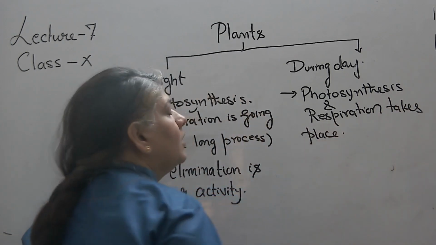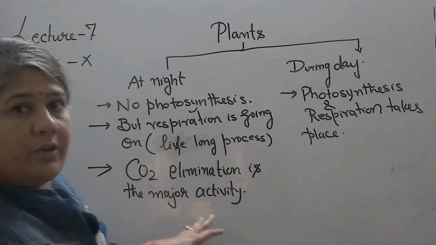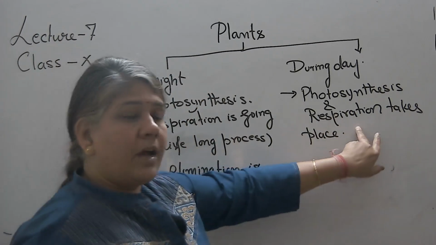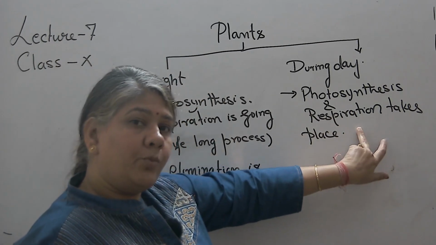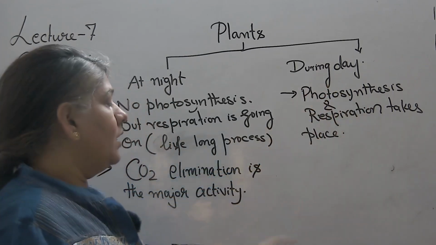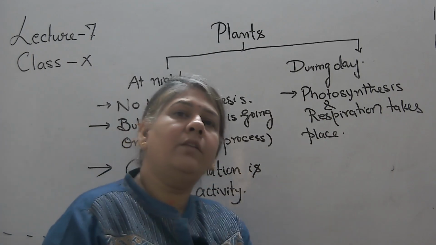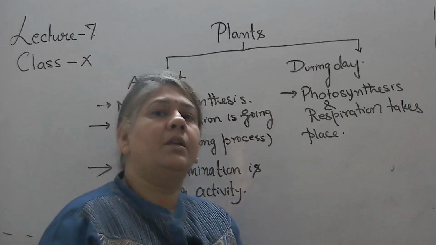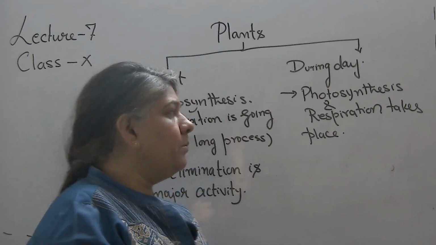Hence, the major elimination will be oxygen. So whatever carbon dioxide is released during respiration will be used up during photosynthesis. So the fate of carbon dioxide is it is released and simultaneously reabsorbed by the plant.